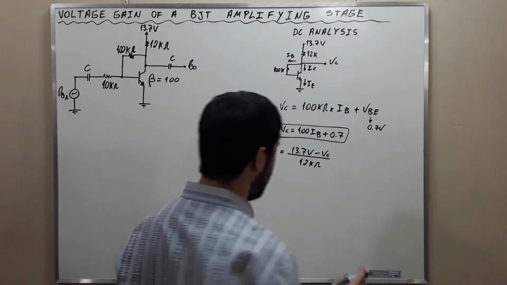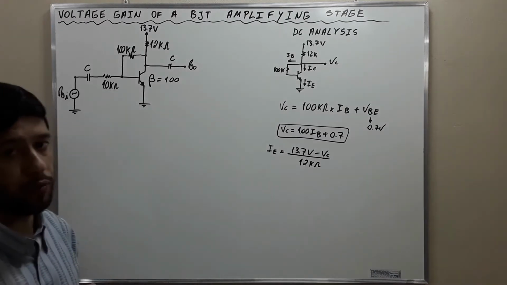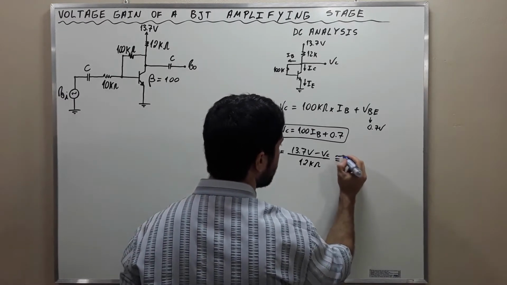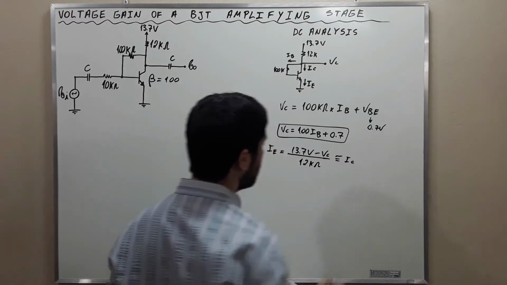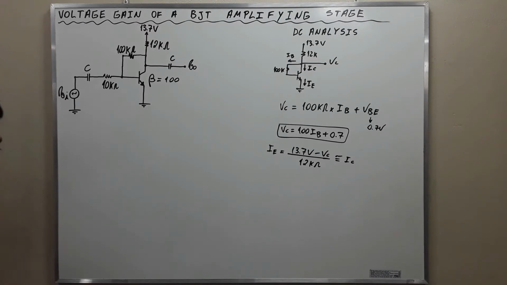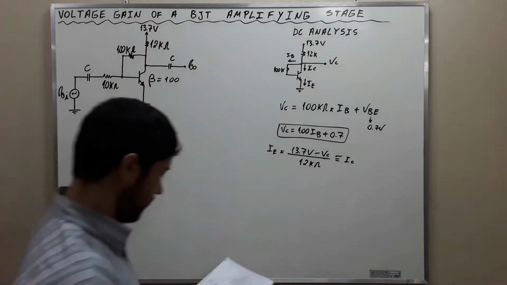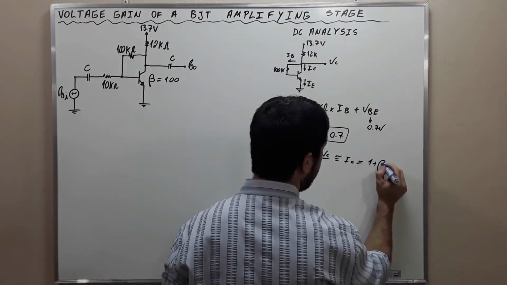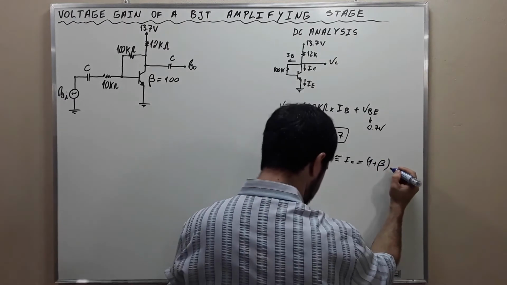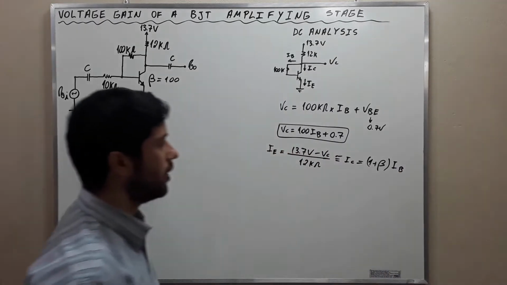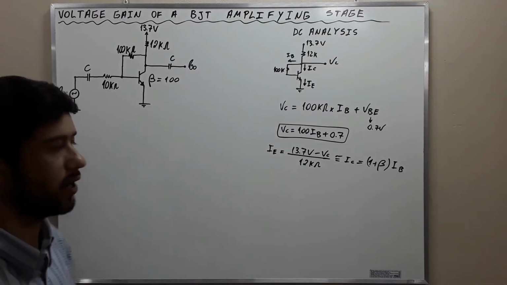All right, and this is approximately equal to IC. And we know that IC is equal to 1 plus beta times IB. Okay, we're gonna use these expressions.